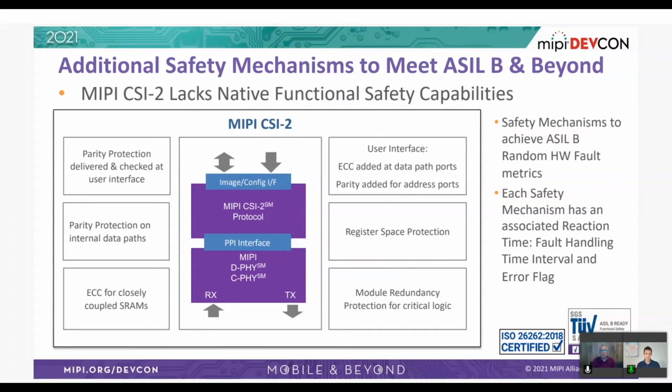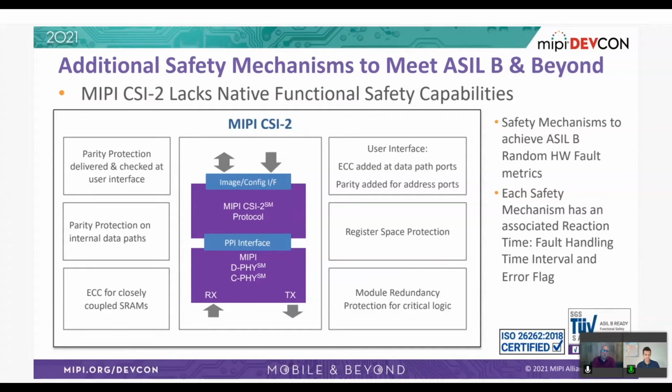CSI-2 today is still evolving, right? There's a new version of the spec that is being put together that will definitely address some of the requirements in automotive. But if you look at current implementations, what some of the industry providers are doing, they're basically adding additional capabilities to make sure that the building block, the CSI-2 interface, can handle the target safety levels.